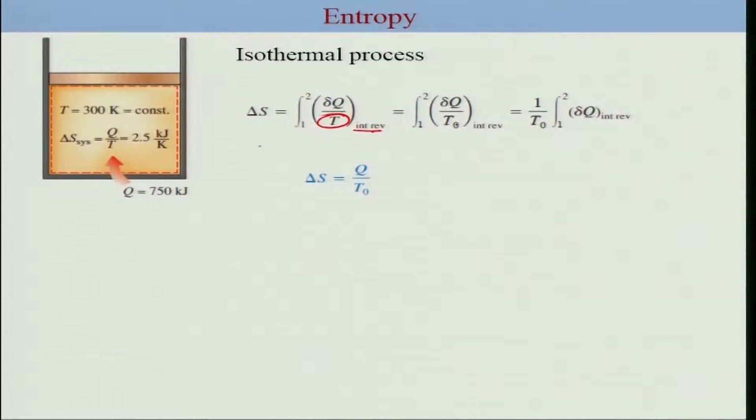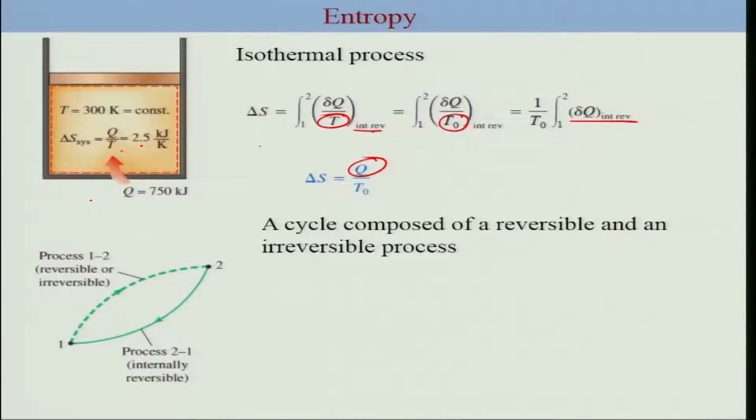Considering the temperature is constant, you can take it outside, and this becomes simply the integral of del Q from 1 to 2, which is nothing but Q supplied to the system, considering it is internally reversible, meaning the difference between the surroundings and the system should not have a finite temperature difference. Based on this, you can calculate the entropy change. For the given example, Q and temperature are known, so it is 750 divided by 300, which is 2.5 kilojoules per Kelvin.